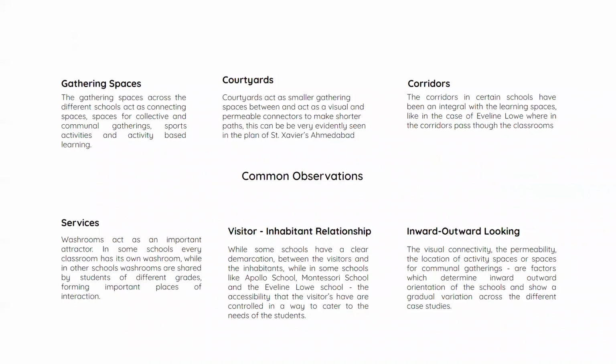There are a few internal variations among the qualities of these open spaces, like having them as classrooms-attached backyard spaces in case of the Montessori school in Delft, or completely detached from the school interiors as in case of Apollo School in Amsterdam, or in case of St. Xavier's Ahmedabad where the courtyard serves as a primary connector between a cluster of 3 classrooms, a layout which has been repeated in the entire plan.